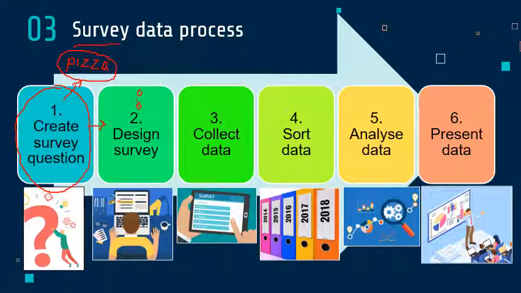A, B, C, D, and they select one. Can they select more than one? Is it going to be free text response so people can write their answer or write a sentence about it? Is it going to be a numerical response, or a ranking response? That's where you design your survey. Now you can do that on paper, you can do that online, really up to you.